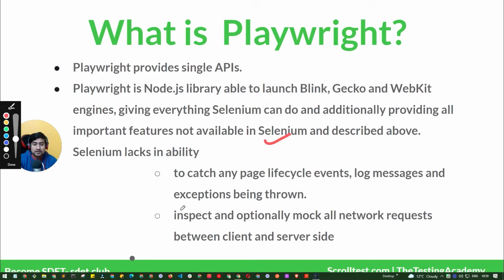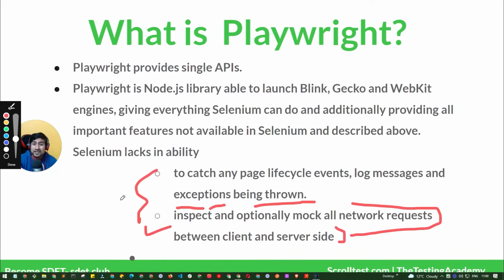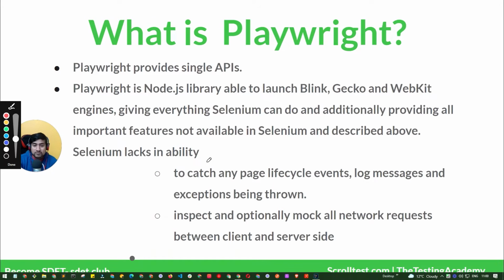And features like inspect, mocking the network request, and other such features are not available in Selenium. So if you are automating any modern web application, and if you understood the previous videos, I would highly recommend going with Playwright for end-to-end UI automation. It will also provide you the 3 browsers, cross browser.